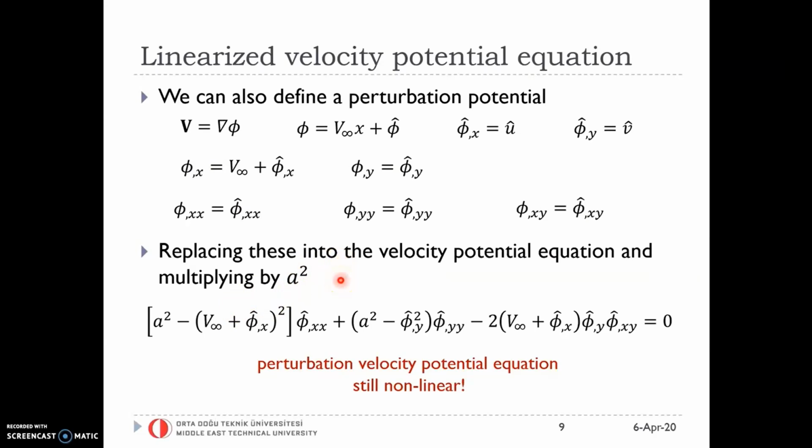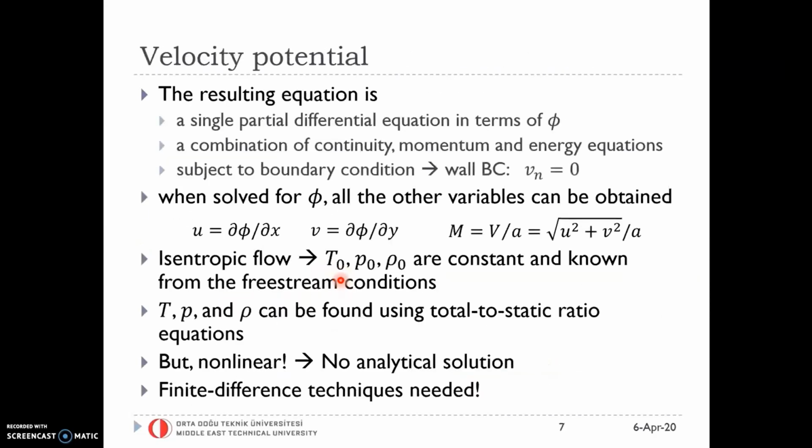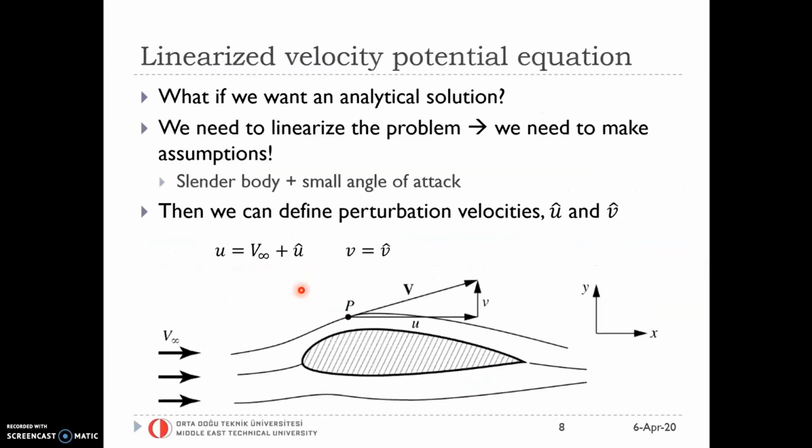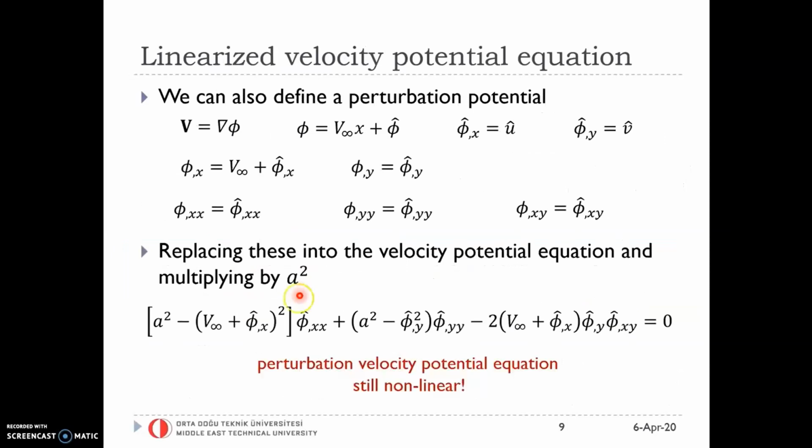Let's go back a couple of slides. Instead of phi here, let's use u infinity times x plus phi hat, and use the corresponding first and second derivatives, instead of using just the velocity potential itself.